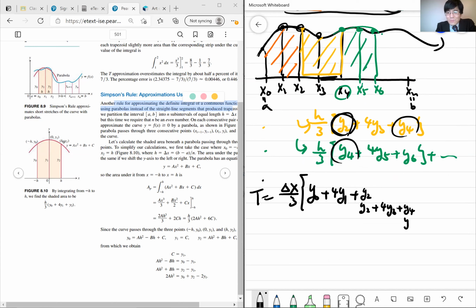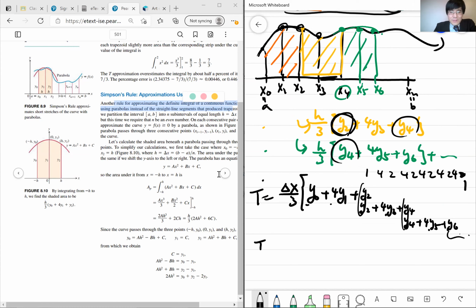The next one is y4 plus 4y5 plus y6, and so on. So it's going to be 2 of them, 4, 2 of them, 4, and so on. If you just look at the coefficients, it's going to be 1, 4, 2, 4, 2, 4, 2, and so on, and the last one is going to be just 1.